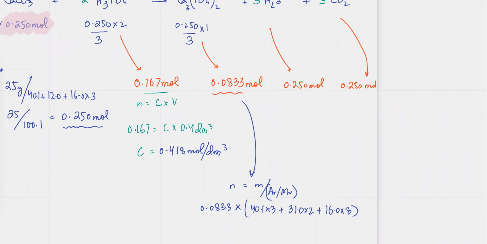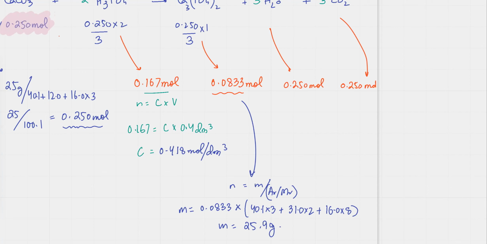So what is the mass that we are getting? 310.3 times 0.0833, what do you get? 25.85, which would be 25.9 grams.